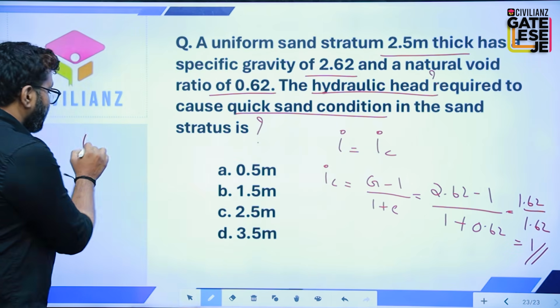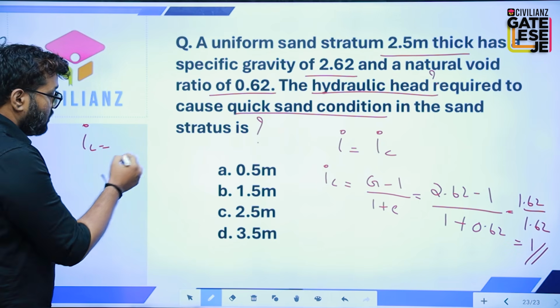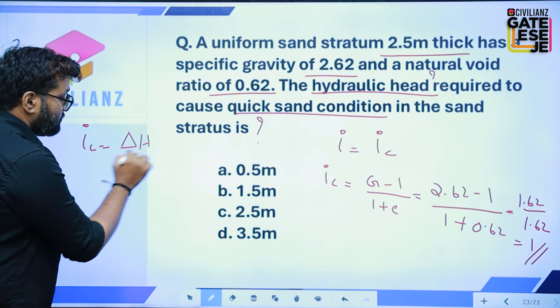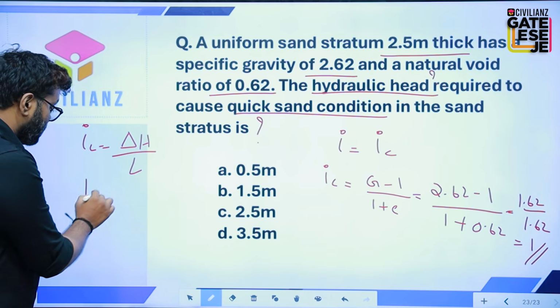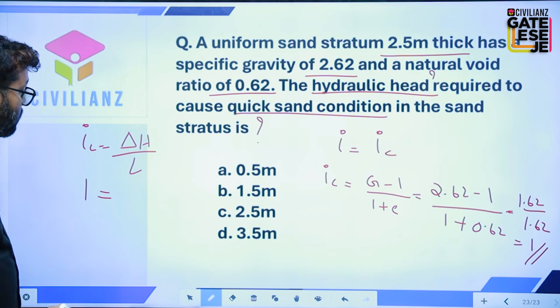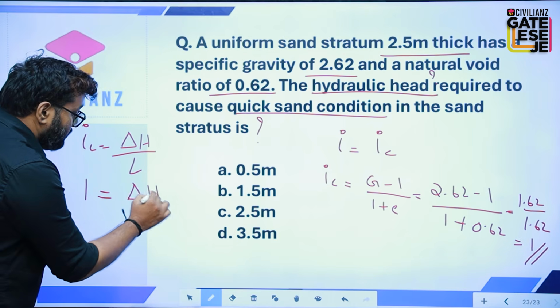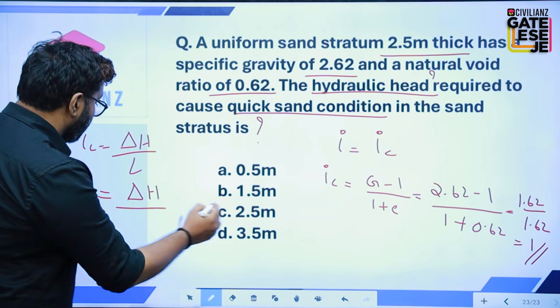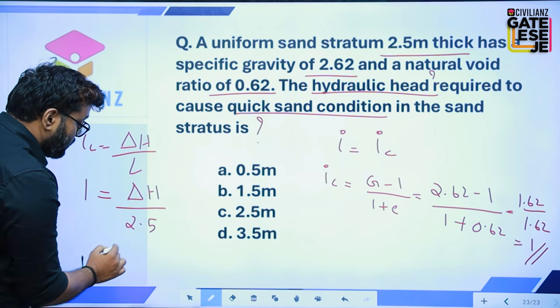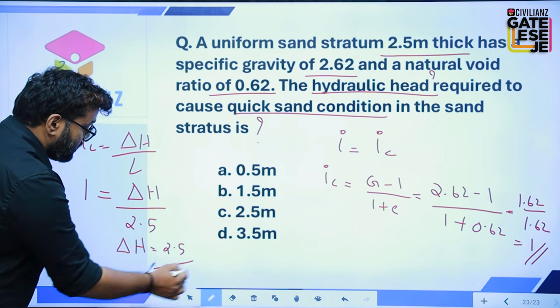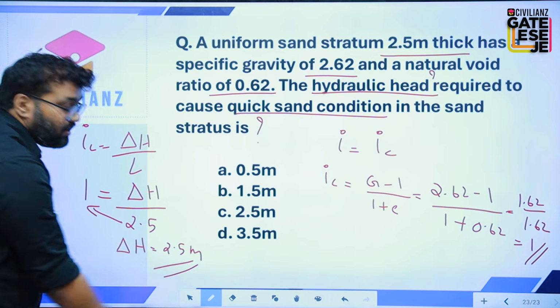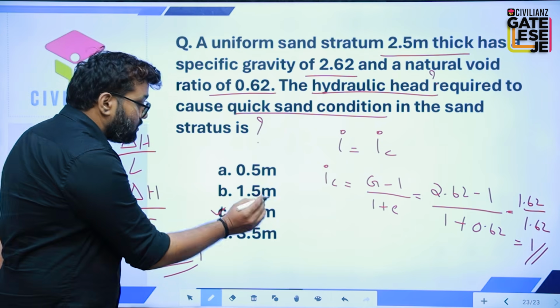So critical hydraulic gradient is equal to the head divided by the length. So delta H divided by L is equal to 1, with L equal to 2.5 meter thick. So delta H is equal to 2.5 meters. We can just cross multiply, right? So the correct answer is option C.